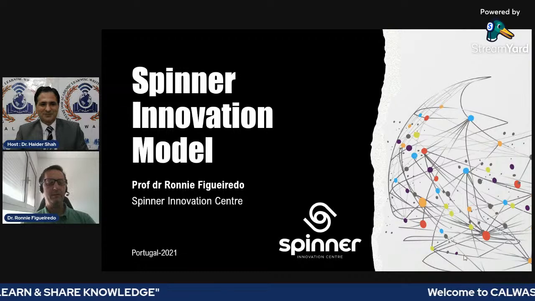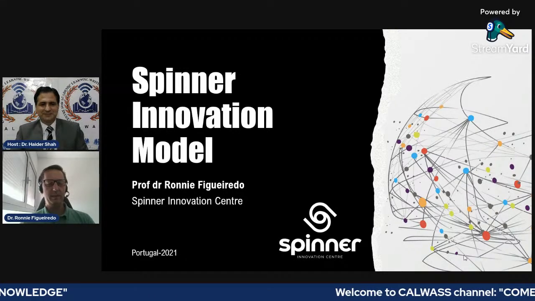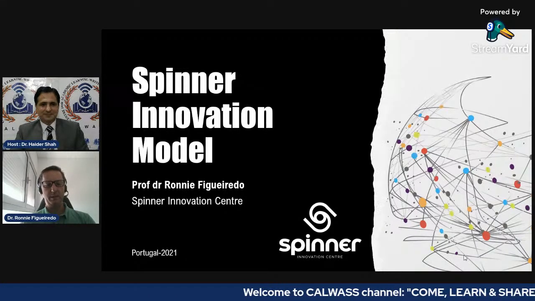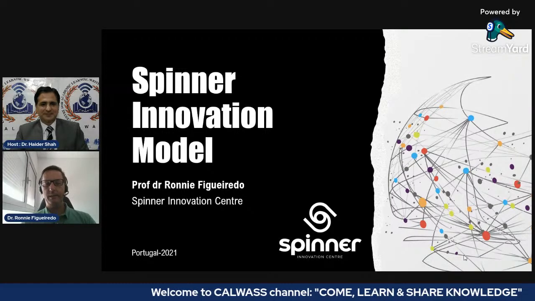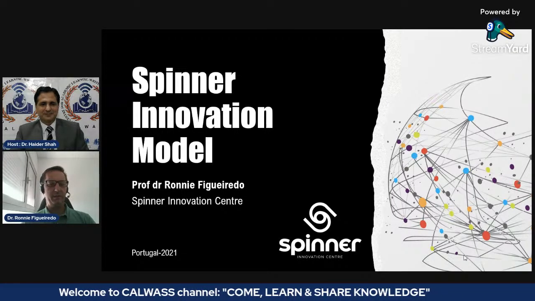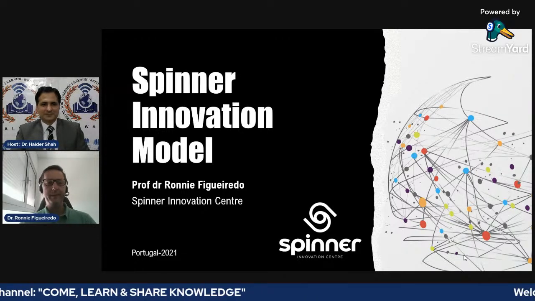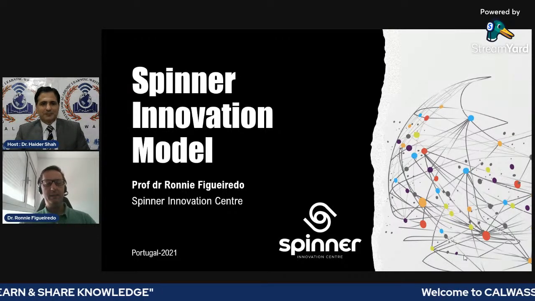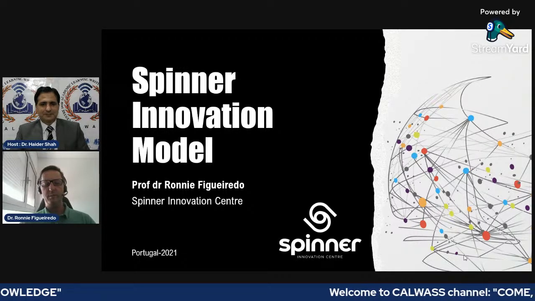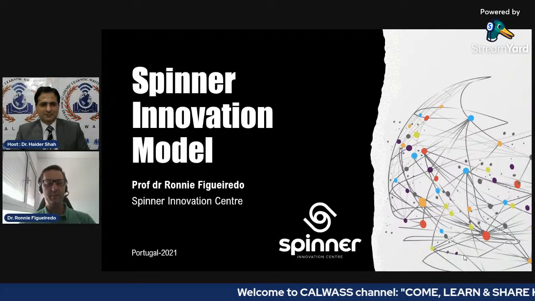I will repeat. So this is the first image that I present. This is the Spin Innovation Model. My name is Dr. Ronnie Figueiredo, and I'm the founder and the chairman of the Spin Innovation Center, which I will present at the end of this presentation. The main idea is to introduce what the Spin Innovation Model is in the first part, the context, the background.